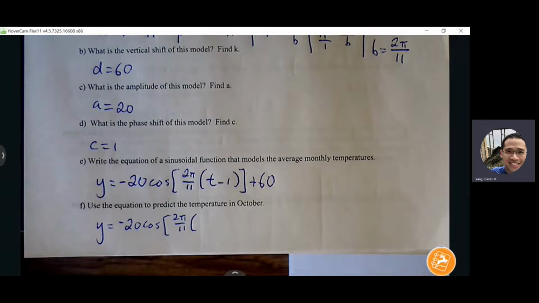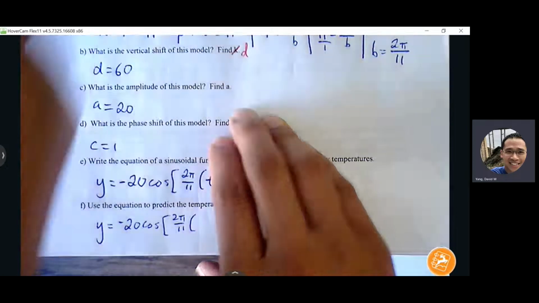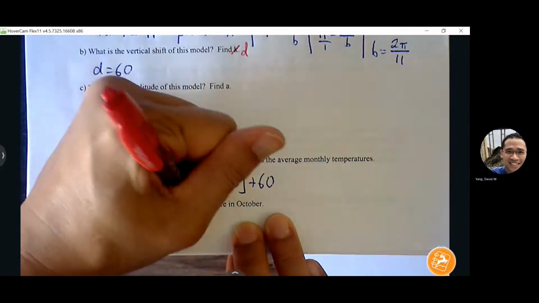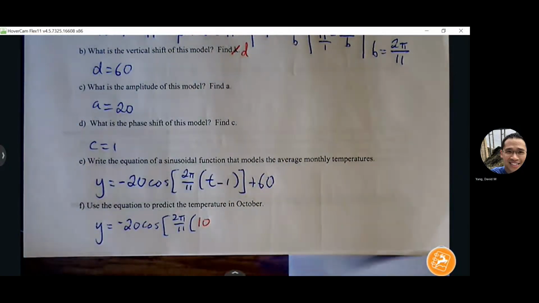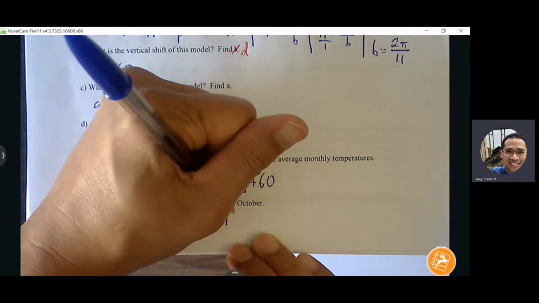It's saying to find K. Sorry, vertical shift, that should be the D value. Other formulas have K built in, but we're going to use D. Is C negative 1? It's going to be negative 1.